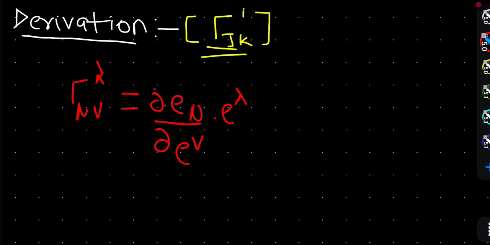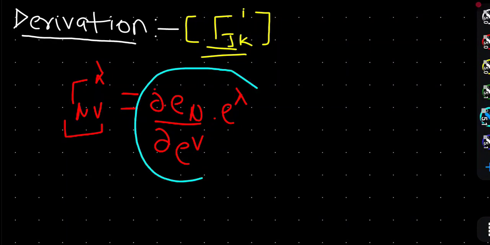As you can see how I have positioned the indices in this gamma, this is the precise notation of what it looks like. It is just the change of the basis vector in the direction of e lambda when we differentiate e mu with respect to e nu. So this is the general geometric interpretation: it describes the changes of a basis vector in the direction of another basis vector.